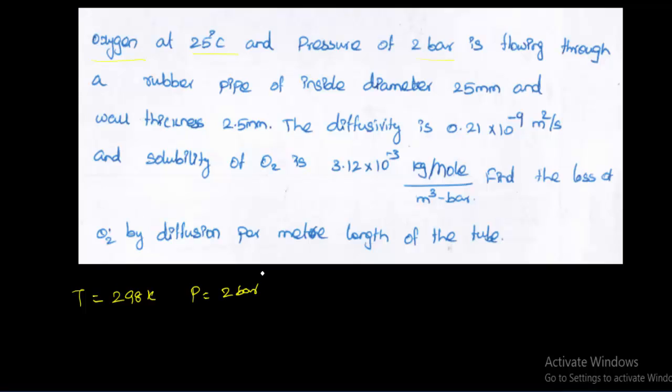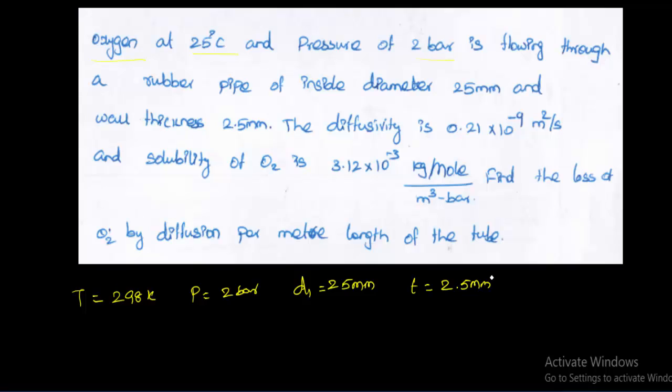D1 equal to 25 mm, which can be converted into 25 into 10 to the power minus 3 meters, and the wall thickness is T equal to 2.5 millimeter.